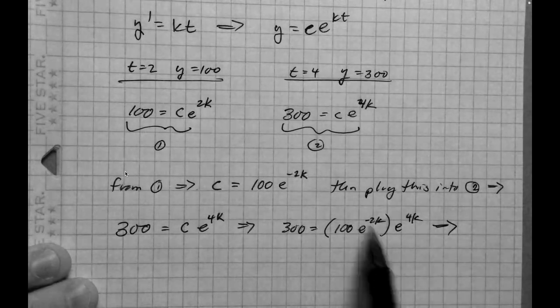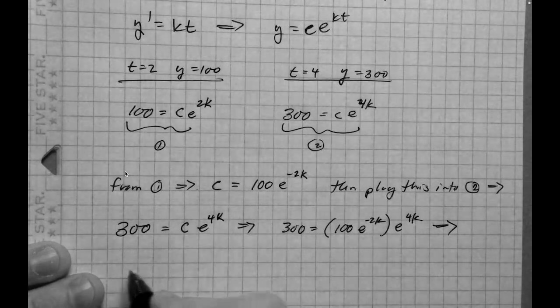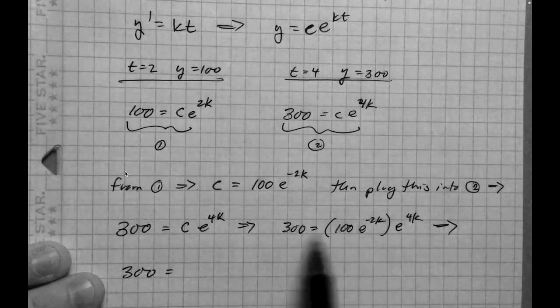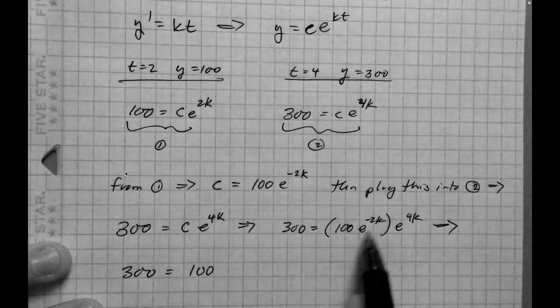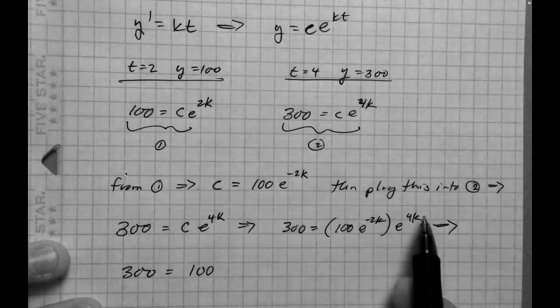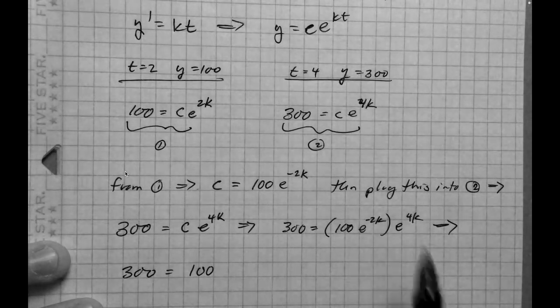Okay, and we can combine these, right? Just the same kind of trick as what we used before. So 300 equals 100 times e to the negative 2k times e to the 4k, and that's the same thing as e to the negative 2k plus 4k.